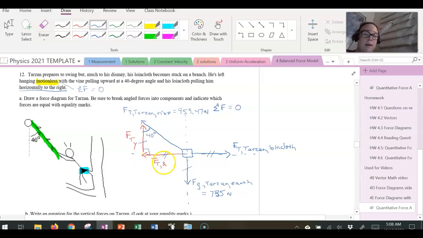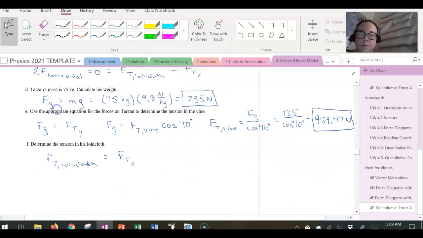So I know that the opposite over the hypotenuse in a right triangle equals the sine of an angle. So therefore, this would equal the tension force in the vine times the sine of 40 degrees.